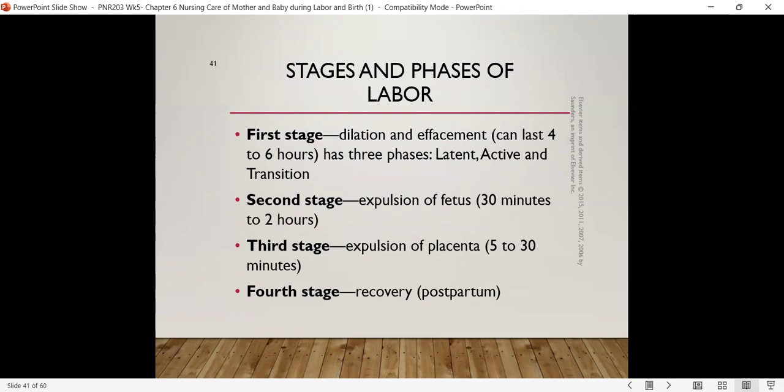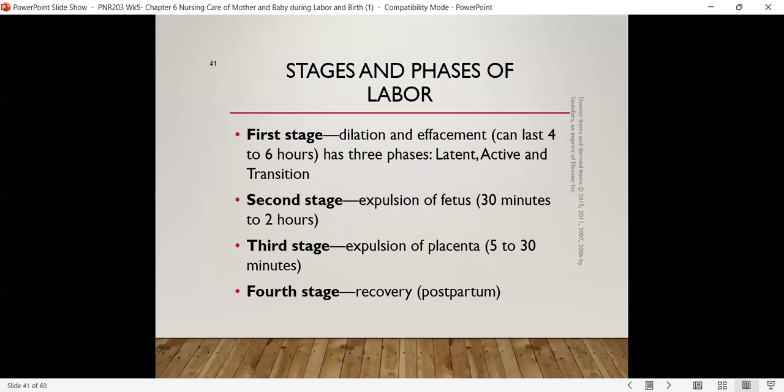It's not easy to dilate and efface that cervix. And we have 3 phases of that first stage. You have the latent or early phase, you have the active phase, and then you have the transition phase.